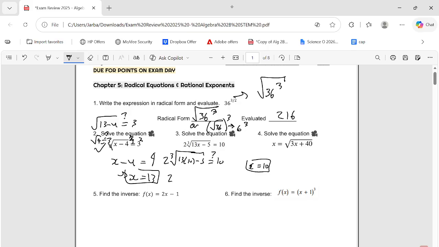This is 2 times the cube root of 130 minus 5, which is 125. The cube root of 125 is going to be 5, so is 2 times 5 equal to 10? Yes. Just remember to always check your answers, especially these types of problems.